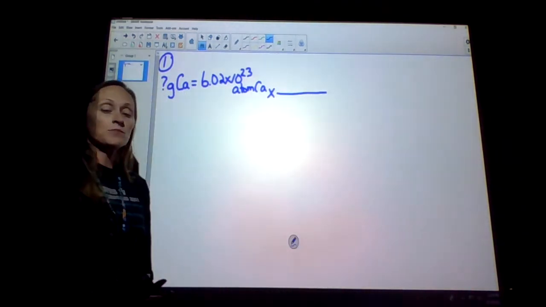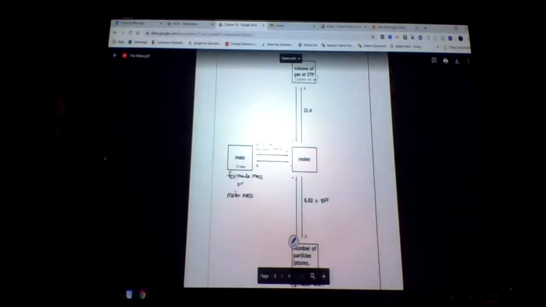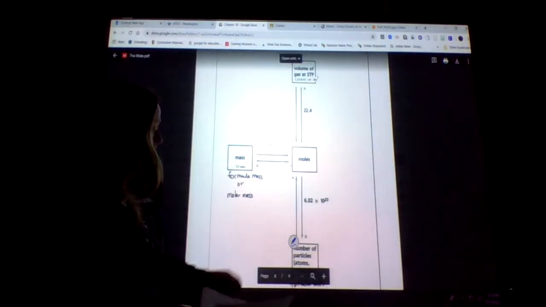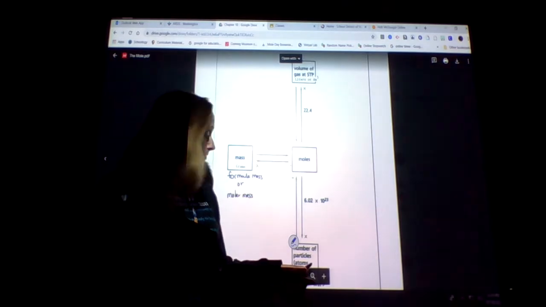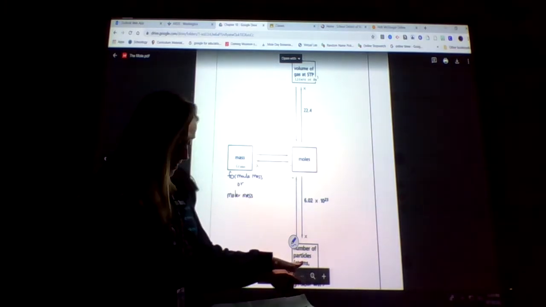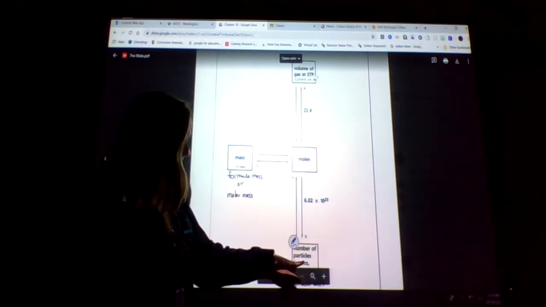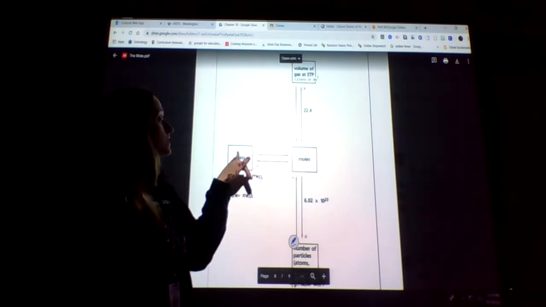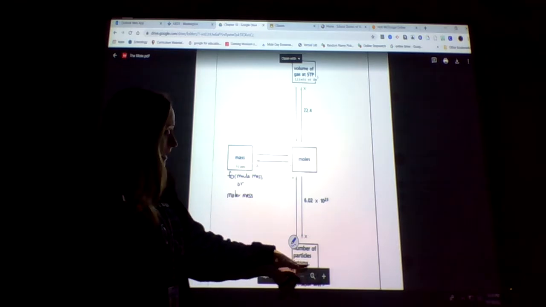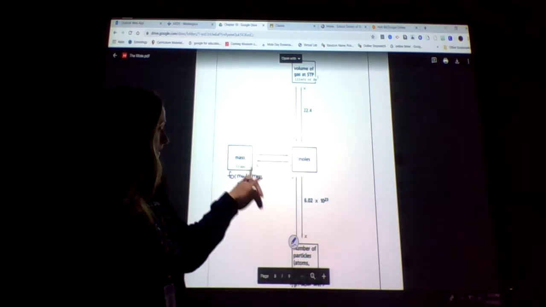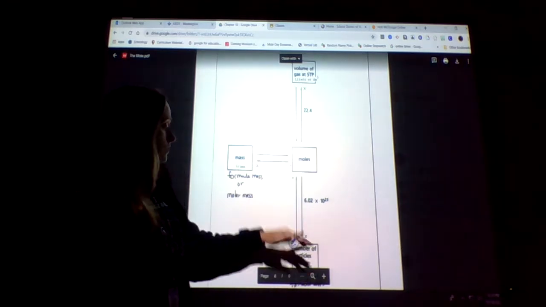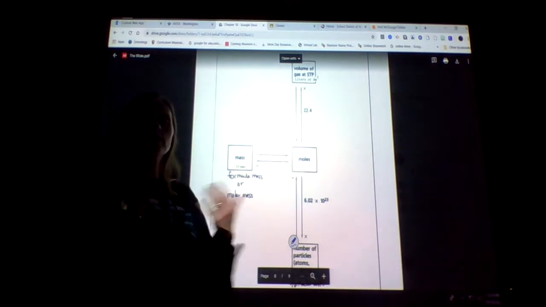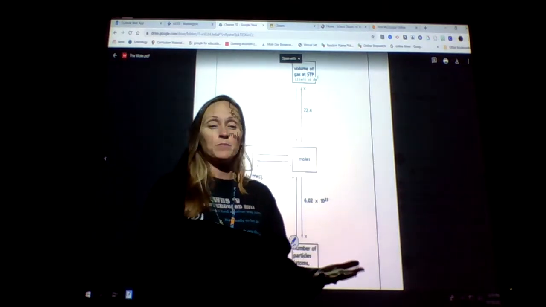Okay, so this is going to be a two-step because if we look at the mole diagram, we're starting down here at the bottom, at atoms, and we're going to go to moles, then we're going to go from moles over to mass. So that's kind of our pathway. Notice there isn't a line going from particles or atoms to mass. So that's why this is a two-step problem.